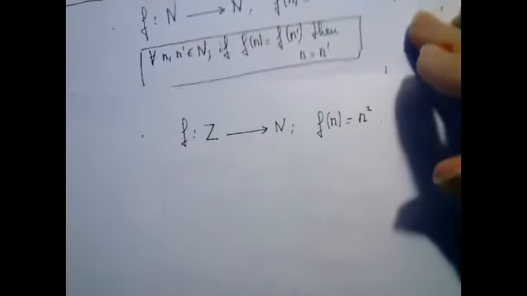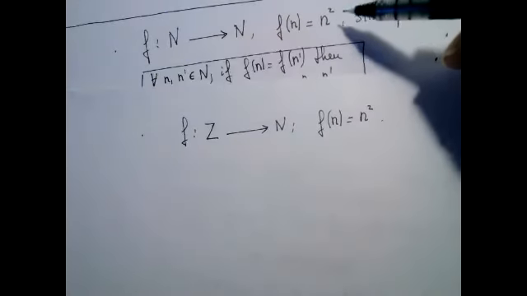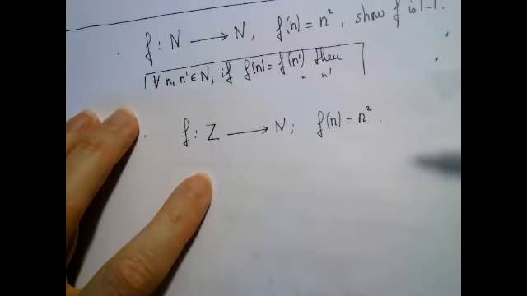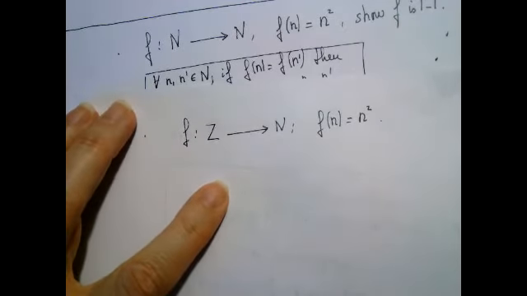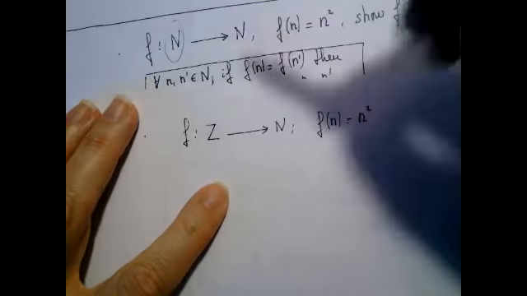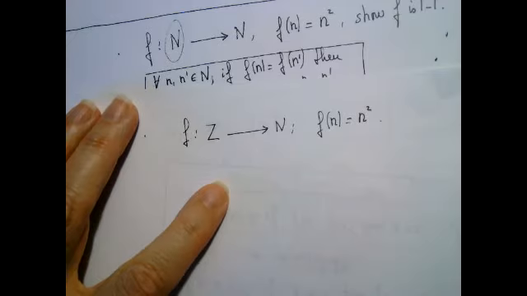So I kept the same rule with squaring, but I'm changing my domain. And the question is, is this function one-to-one? What's the importance of domain? So is f one-to-one this time?